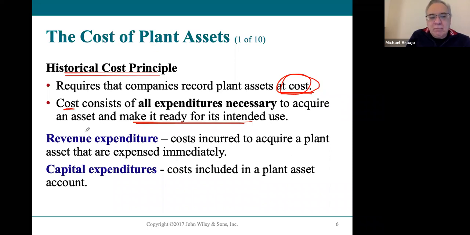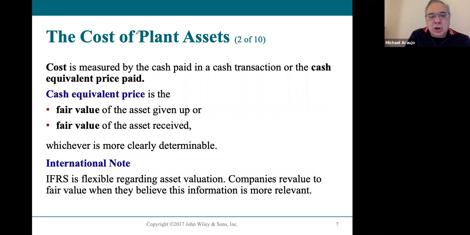Okay. We're going to distinguish between a revenue and capital expenditure in just a moment. This is a couple of slides down. So what is the cost? Well, the cost is, of course, measured by the cash that's paid, right? But it's a little bit more than that, because what we really have to look at is an issue of fair value, okay?